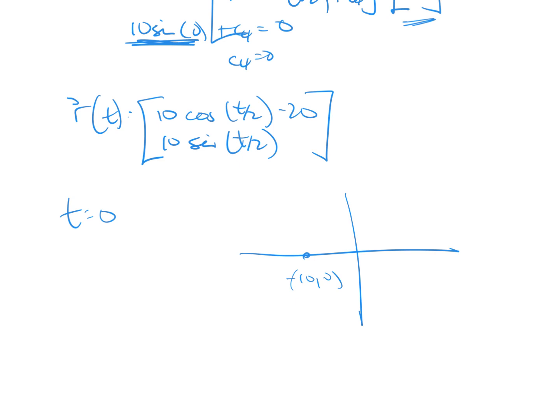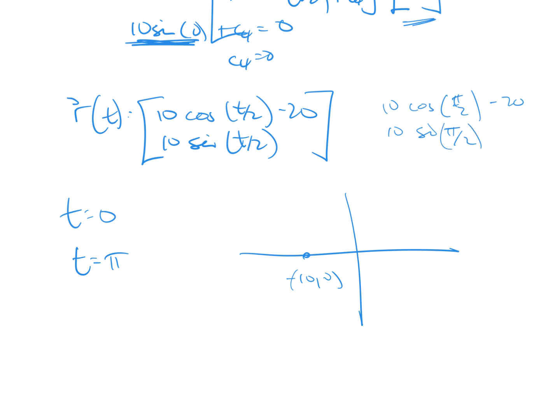So let's try a value when t is pi. I take pi and substitute in here, and so I get 10 cosine pi by 2 minus 20, and 10 sine pi by 2.